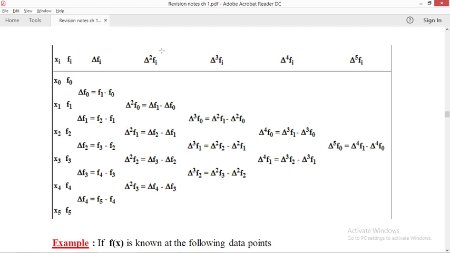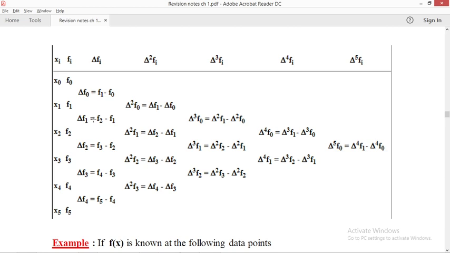Similarly, when we go towards the next difference, it will follow the same procedure, but it will follow the column just before it. So in this method, you always follow the column which is preceding the column you are working on. So for the second difference, we use this column.